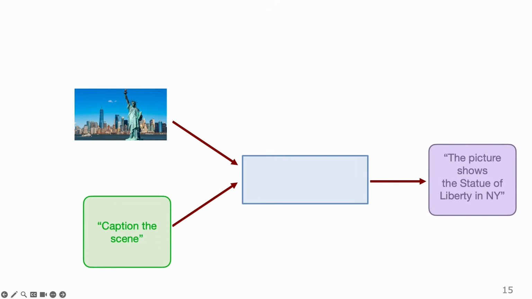And now, if we squint a bit and we replace the robot image with a more regular internet image, and we replace the instruction with, let's say, "caption this scene," right? And then the model answers, oh, the picture shows the Statue of Liberty or something. This starts to look quite familiar because essentially this is a vision and language model, right?